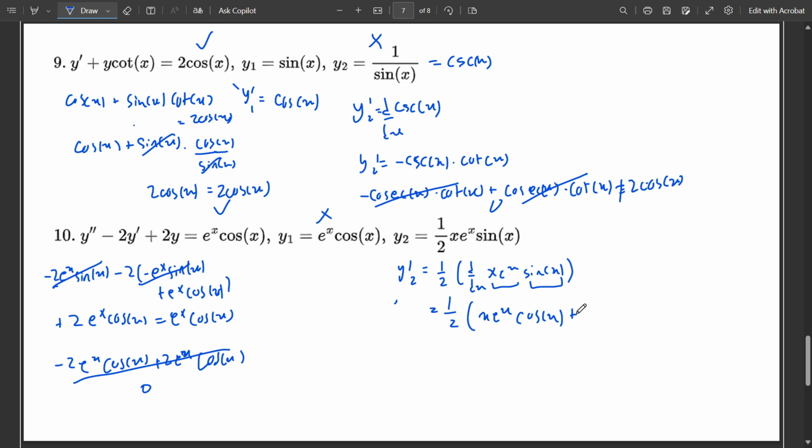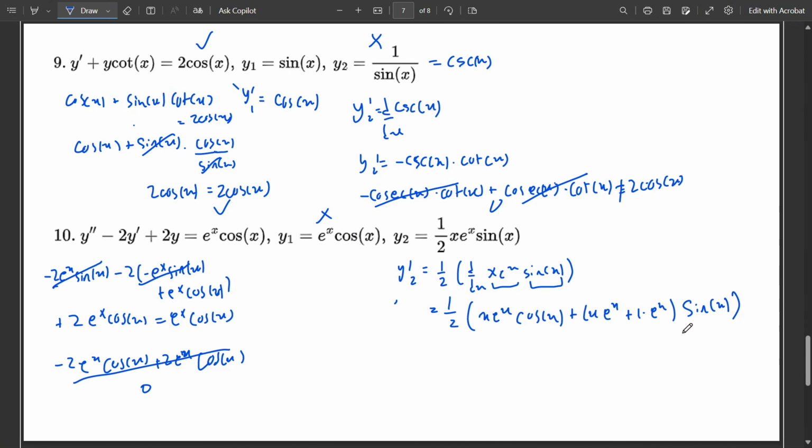Plus, okay, the derivative of this. We have to have another product rule. So we have x, e to the x, derivative of e to the x, plus our derivative of x, which is just 1, times e to the x, and then this is sine of x.